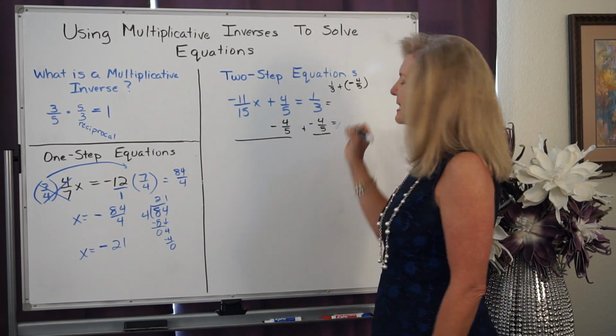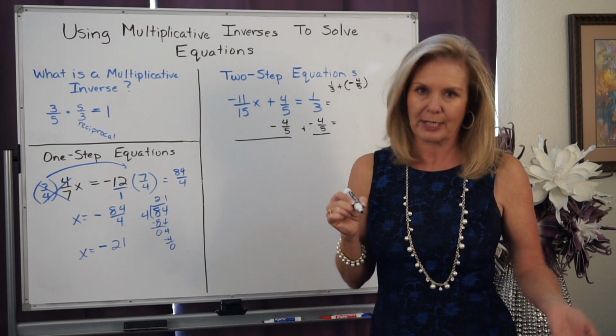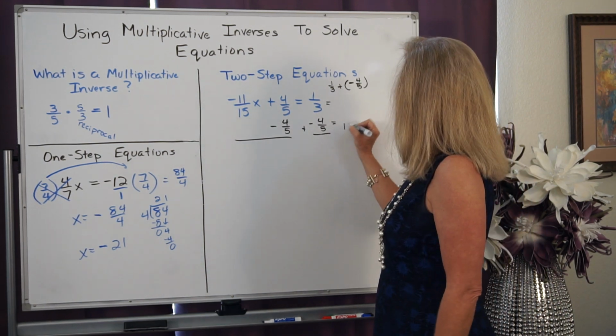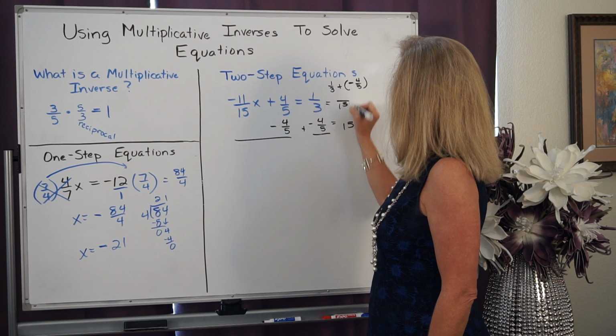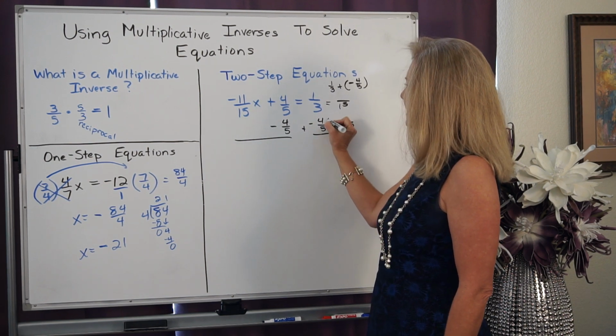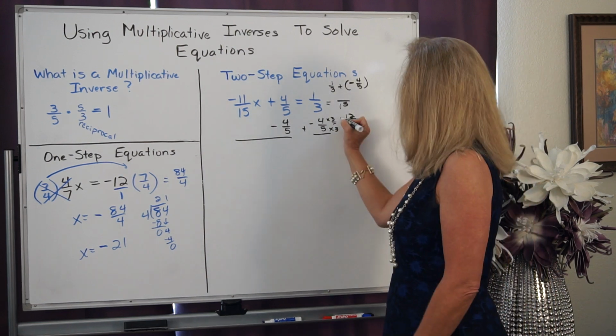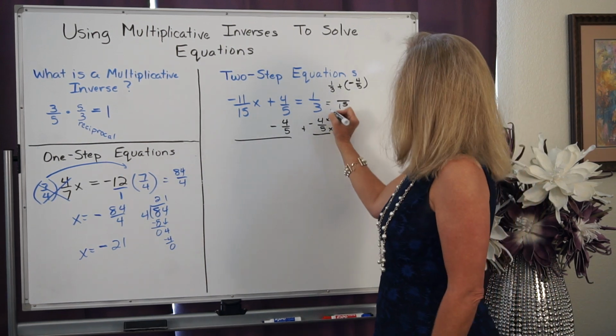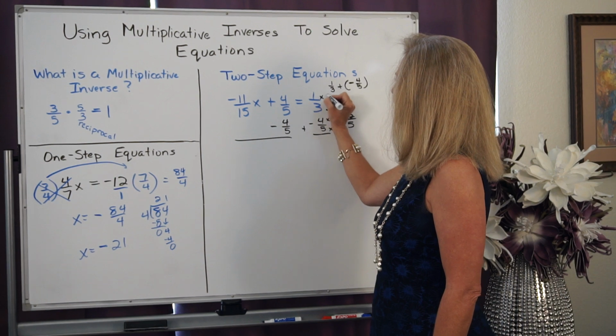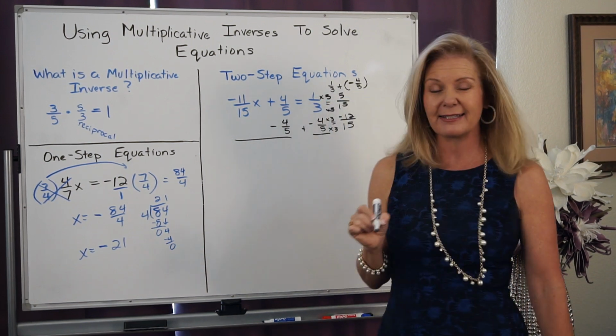So I'm going to find its least common denominator, otherwise known as least common multiple, and I can see that both of these are going to go into 15 because 5 times 3 is 15 and 4 times 3 is 12. So there's an equivalent fraction, but remember that's a negative. And I know 3 times 5 is 15 and 1 times 5 is 5, but that's a positive.